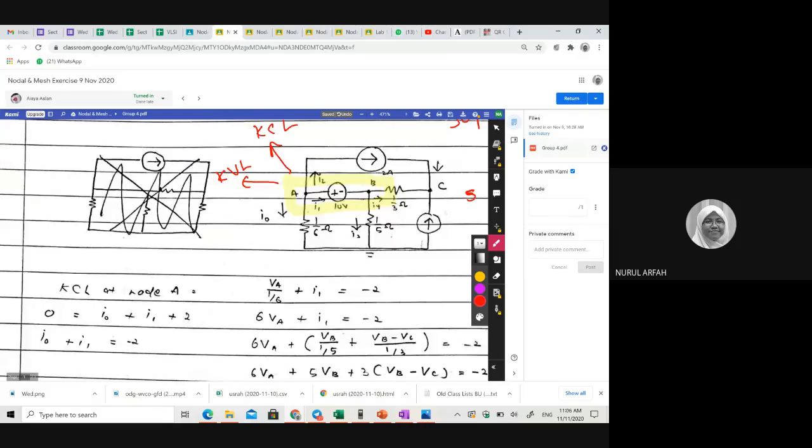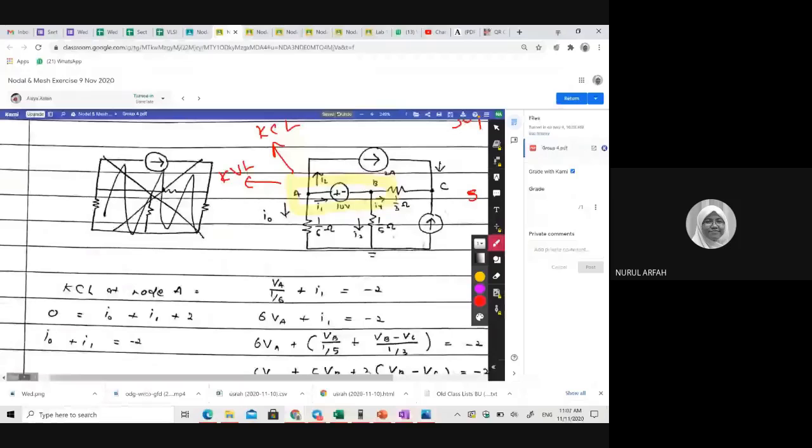I think Aisha didn't realize there's a supernode, so it should be the KCL at the supernode. So the current direction is this way, and this way, and this way, leaving or entering the boundary. So anything attached to the boundary, this is a boundary, you need to include that.